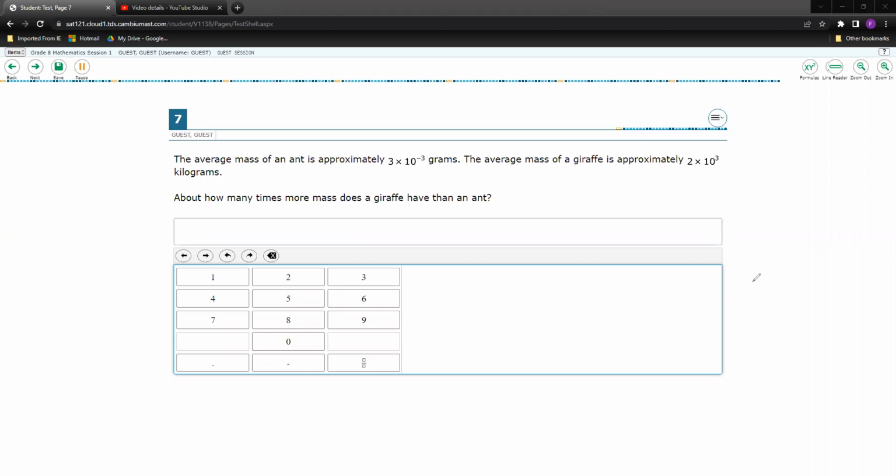The answer is going to be so many times more. Times implies multiplication, so we need to divide to get the quotient. We start by placing the larger number on top of my fraction division.